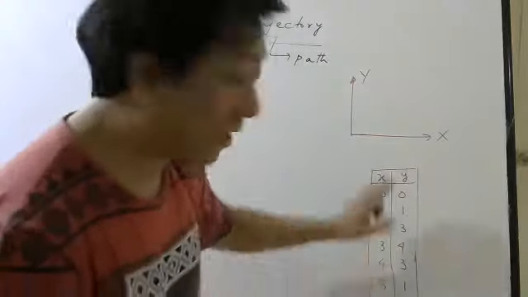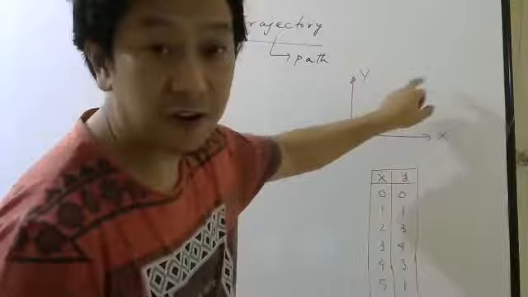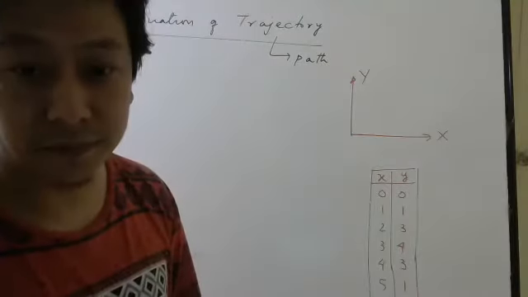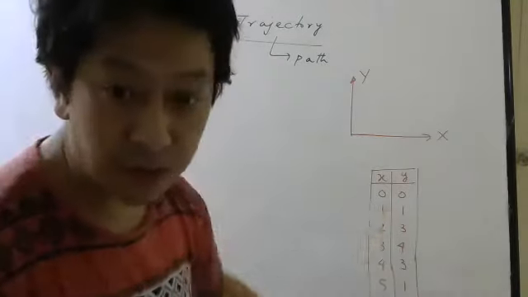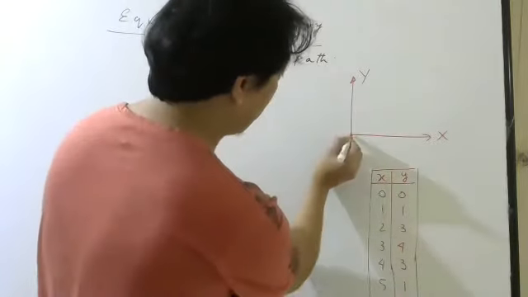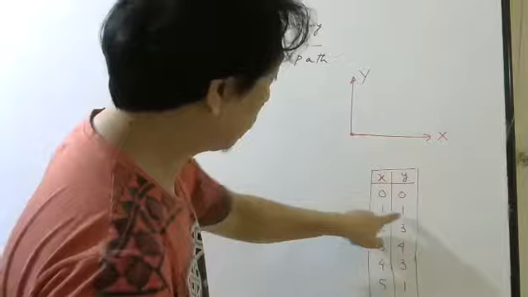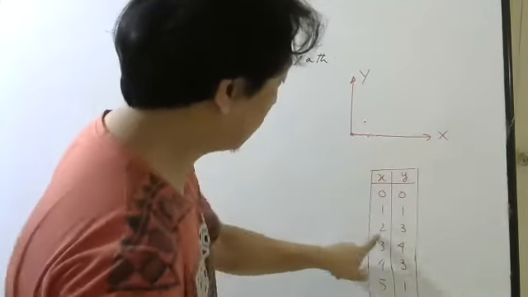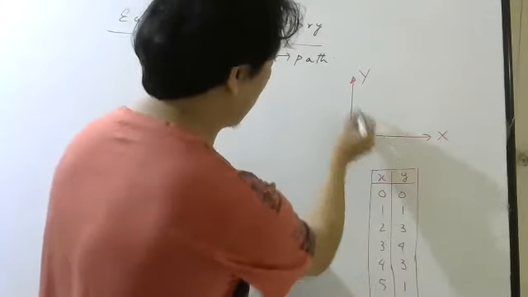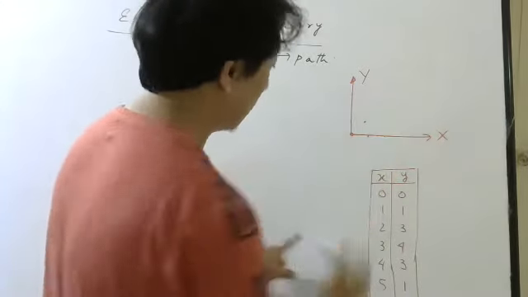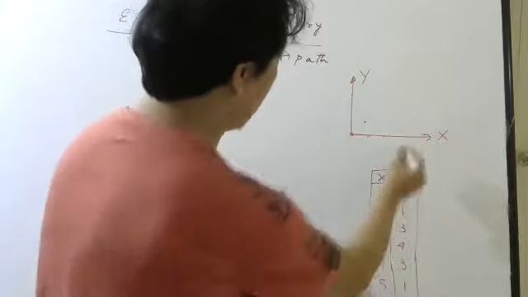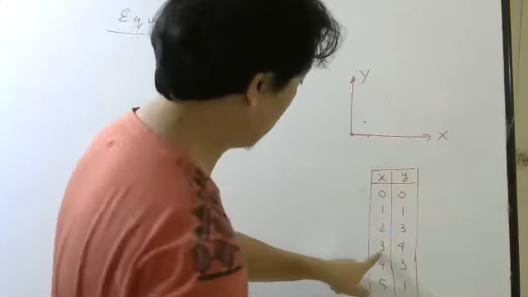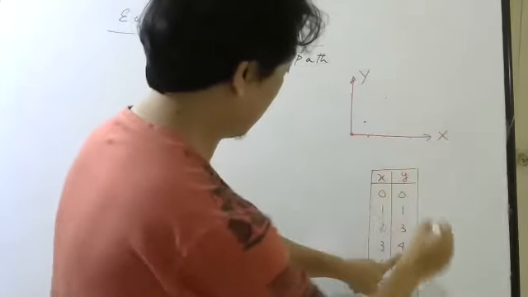Now using this data, can you plot points or not? Students, using this data you can plot points. For example, x0, y0 here; x1, y1 here; x2, y3 here; x3, y4; x4, y3.